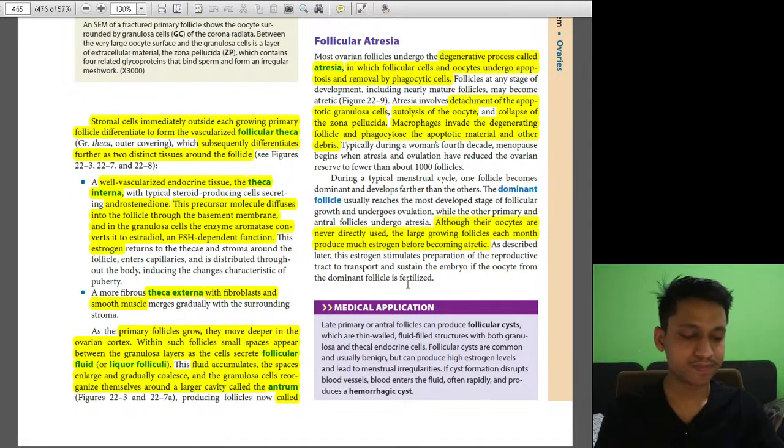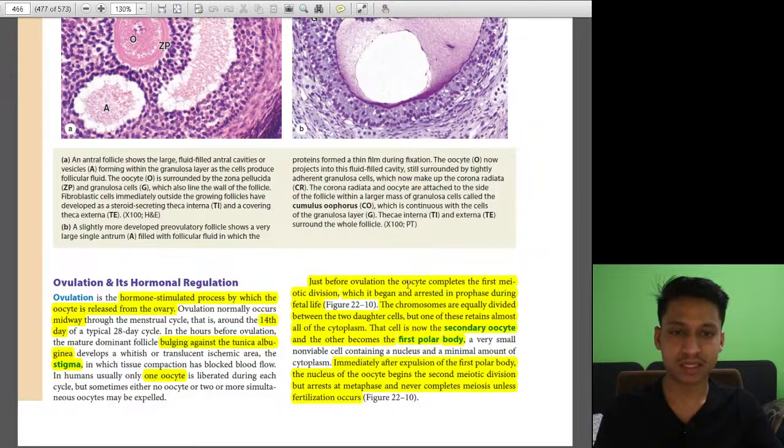Of course, let's see what happens next. We have now ovulation and its hormonal regulation. We now have a mature follicle that is ready for ovulation, and this is around the 14th day of the cycle.